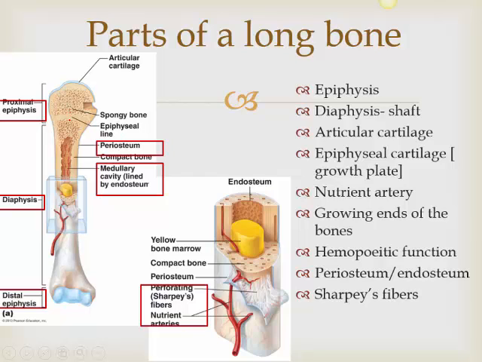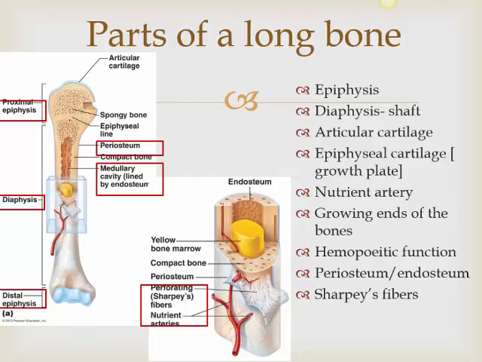Now, all long bones, as we saw in the limbs, form joints, or they articulate with bones close by, bones above or below them. The word articulate means comes together to form a joint. You don't want bone rubbing against bone.